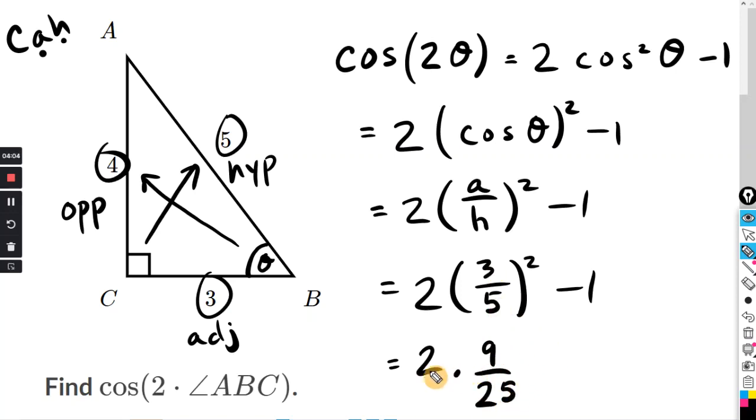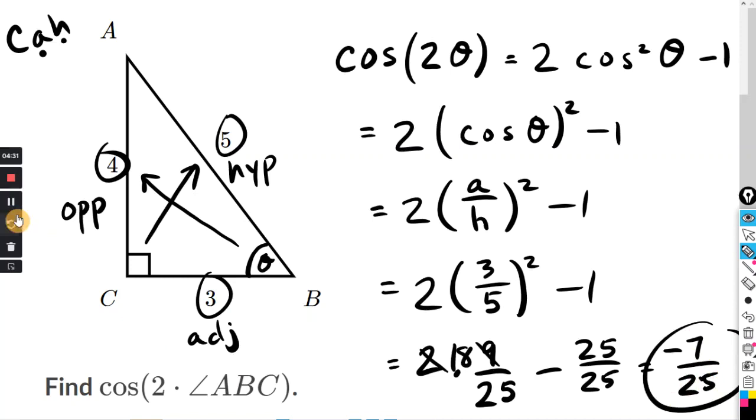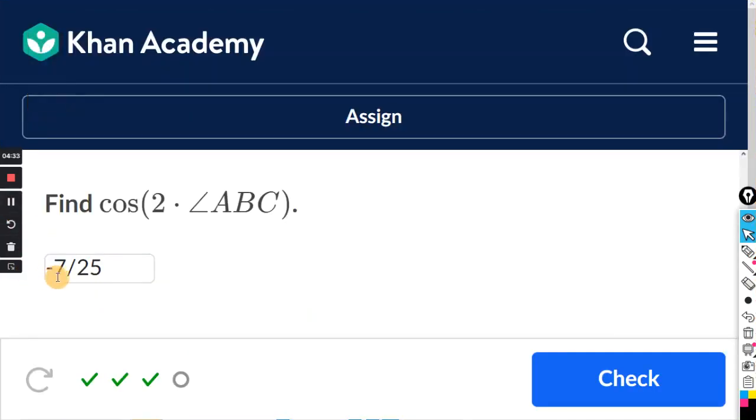Since the denominator here will be 25, I'm going to convert the 1 to 25 over 25. 2 times 9 is 18, and 18 over 25 minus 25 over 25 is negative 7 over 25. So negative 7 over 25.